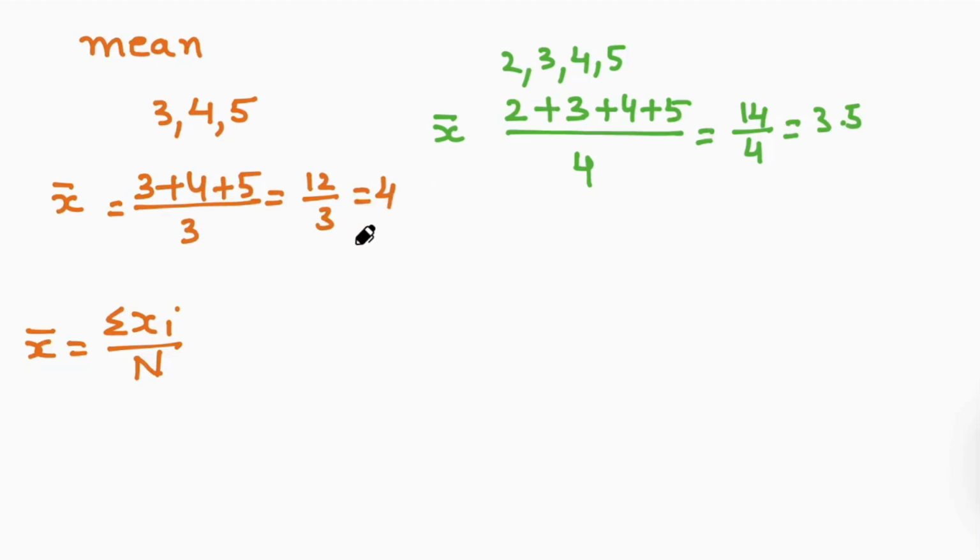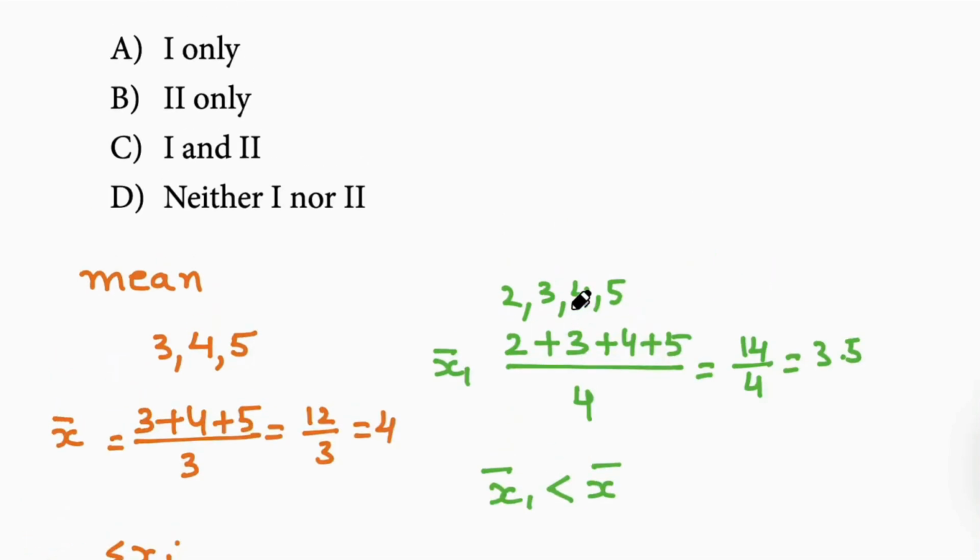Now from here, we can see a pattern, that if we add a number to the observations which is smallest of all, our mean decreases. So this new mean, let's say x1, is less than the initial mean.